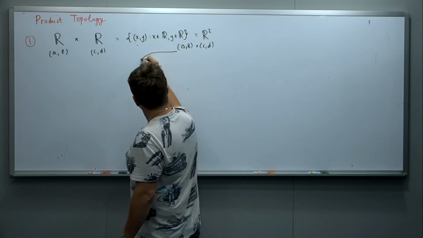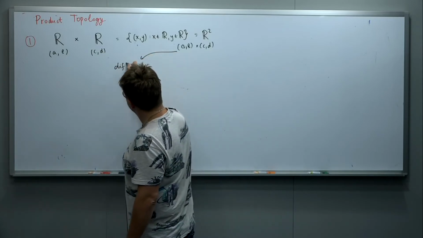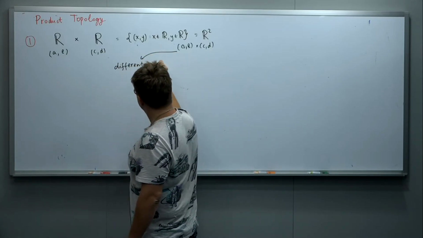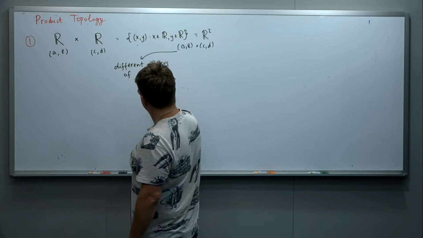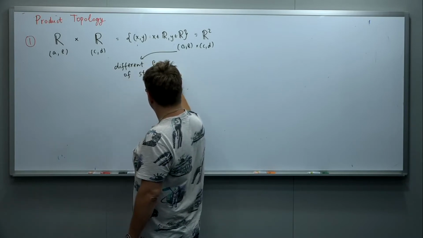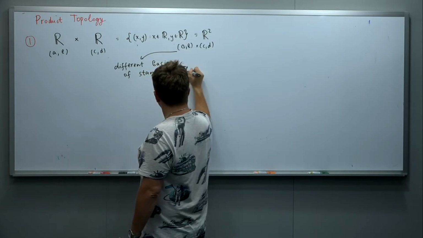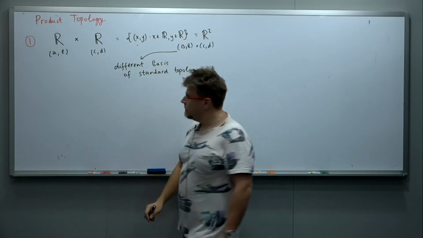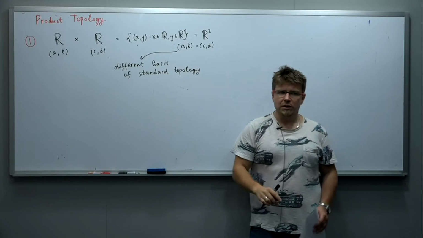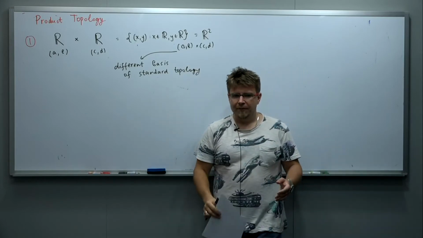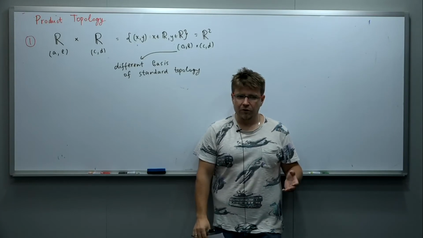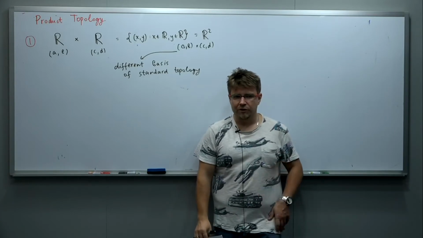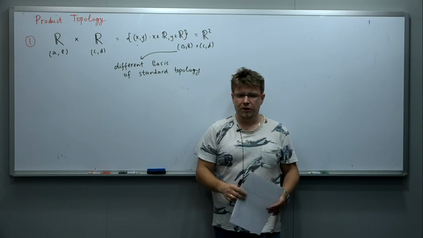So, different basis of the standard topology. But the important thing about the product topology is it is just a way to introduce a natural topology on the Cartesian product of two topological spaces.